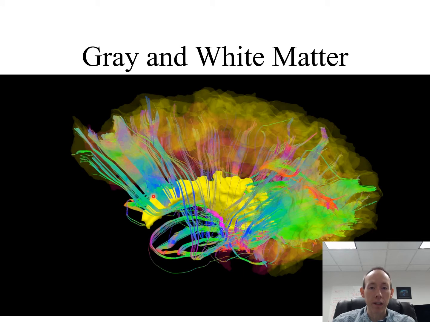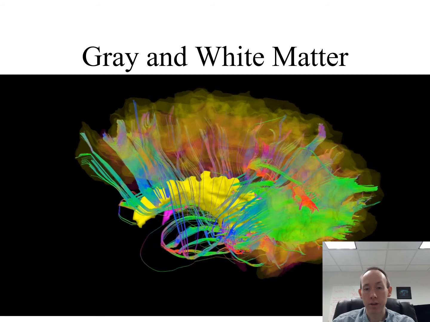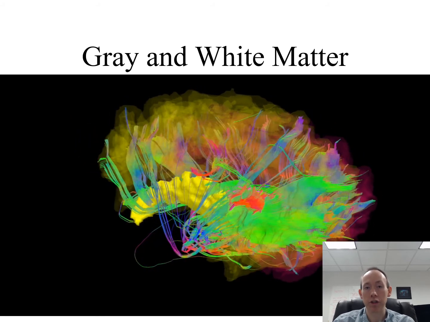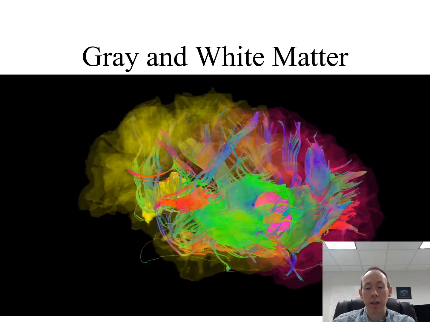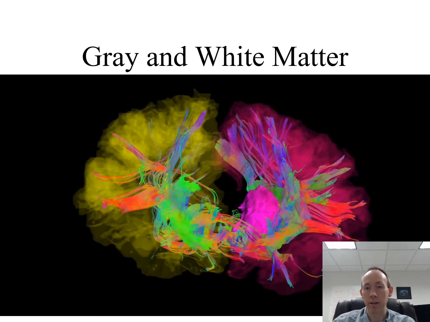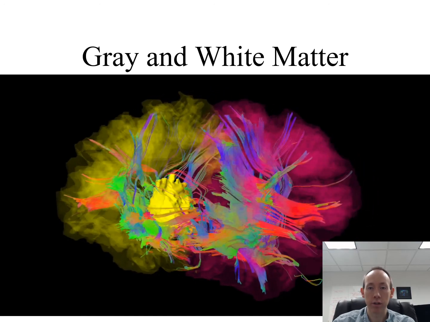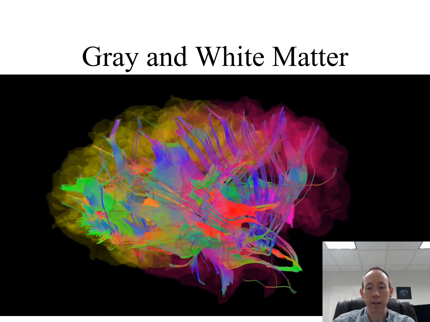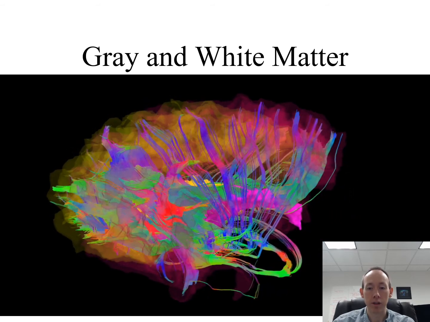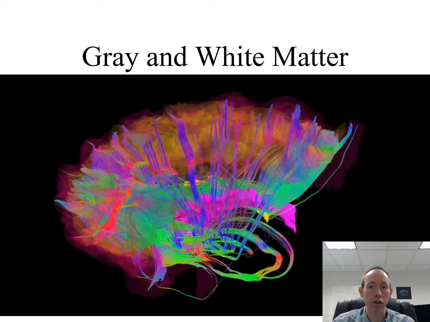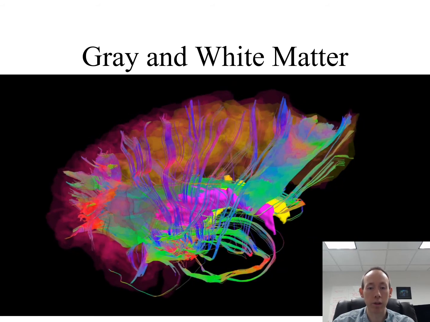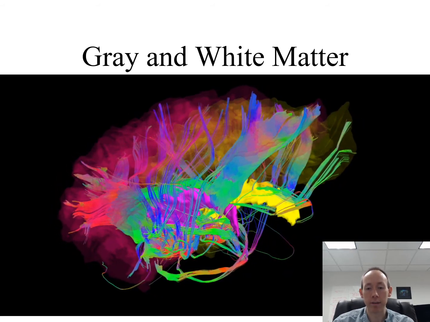We can put everything together to look at gray and white matter. This is just an image from one of the research participants, looking at connections between the frontal cortex, the frontal lobe, and the caudate nuclei, which are some deep gray matter structures important for cognition and motor function.